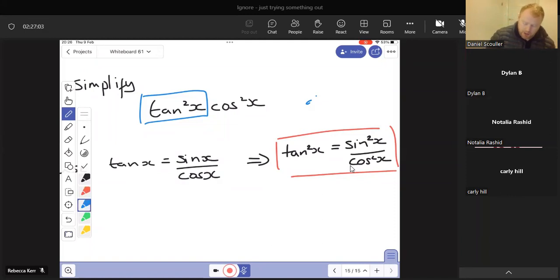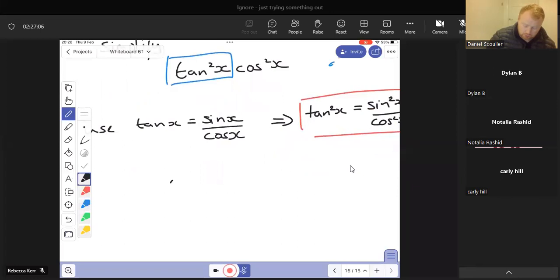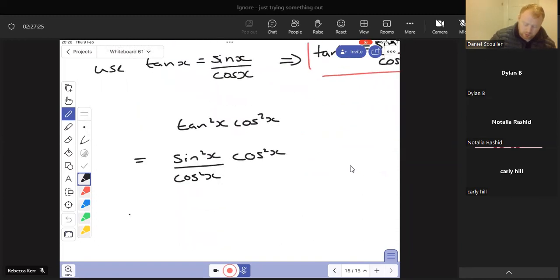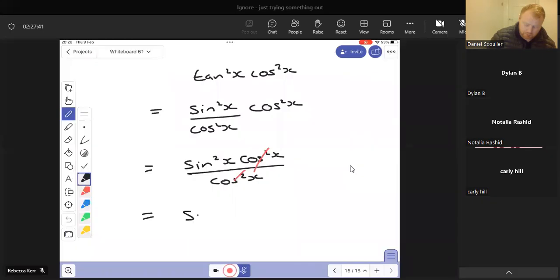If I substitute that in, formula, and tidy up that top line, I'll just cancel those out and leave myself with that.